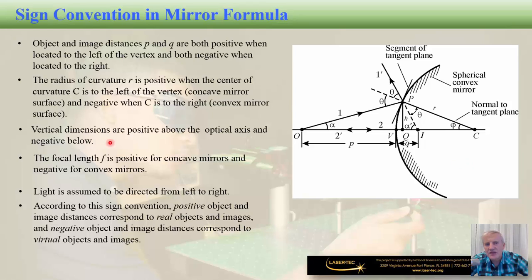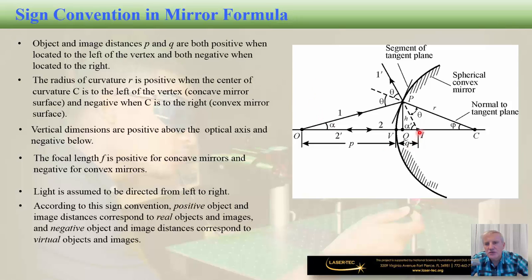The next is about the dimensions. The vertical dimensions are to be taken positive if they are above the optical axis. So for example, if your object is positioned here above the optical axis, this is our optical axis, then you're going to take its height with a positive sign.